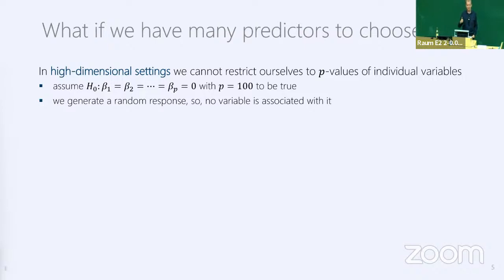It's completely random. This is a sanity check. Should we find that any subset of predictors is significant towards this random output? No. There's no relationship. I generated the output completely randomly, independent of the rest of the data.